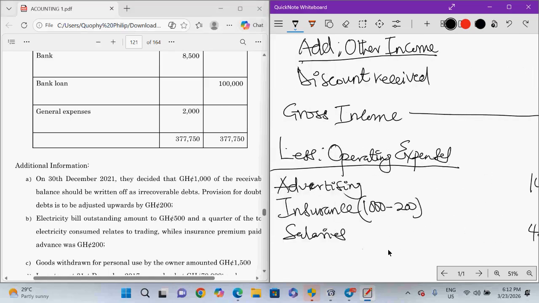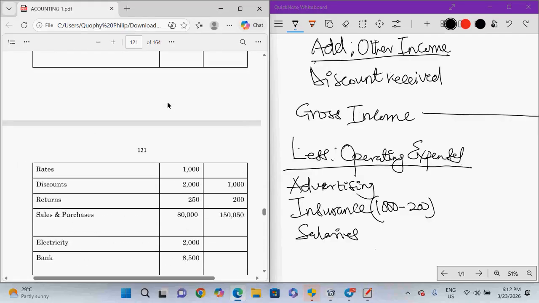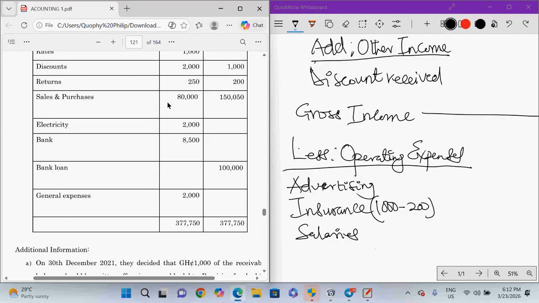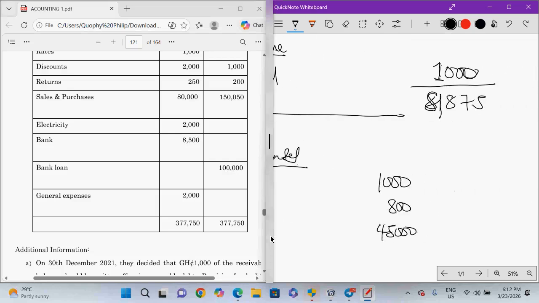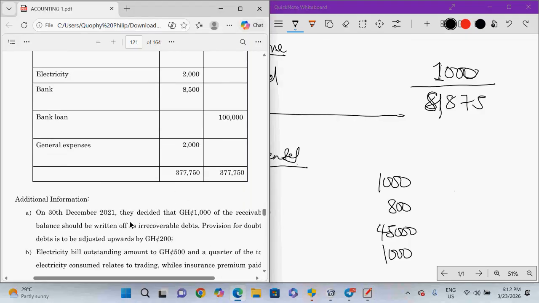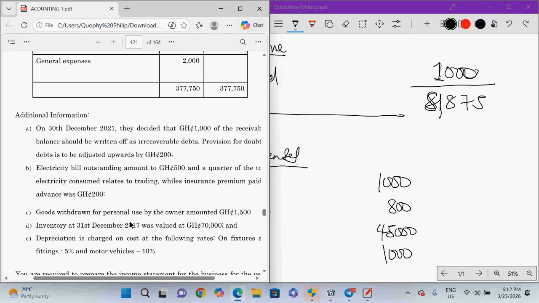What else? Rates. Rates are 1,000. Any information on rates? No information on rates. Okay.